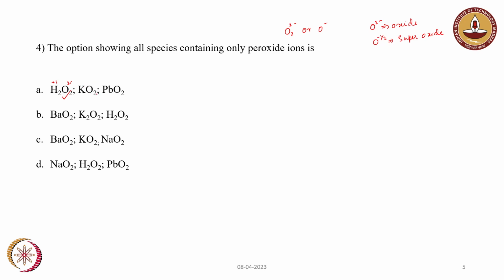And in KO2, K is in plus 1, so this whole is minus 1, so this is not peroxide. And in PbO2, Pb is in plus 4, so O2 is in 2 minus state.